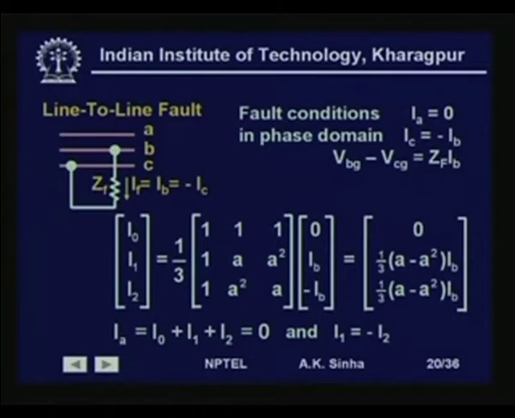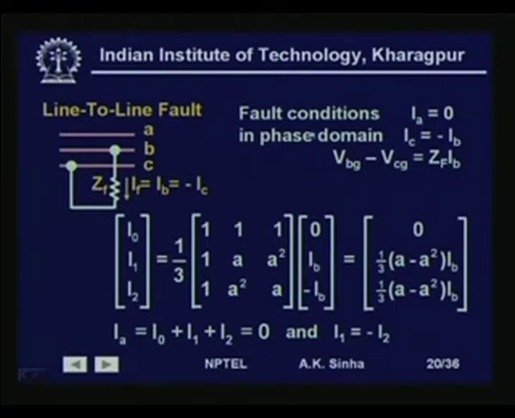Now let us take another kind of fault, that is the line to line fault. For a line to line fault, we have the fault occurring at any bus where phases B and C are faulted through an impedance ZF. Since we have assumed no pre-fault currents, IA is equal to 0.